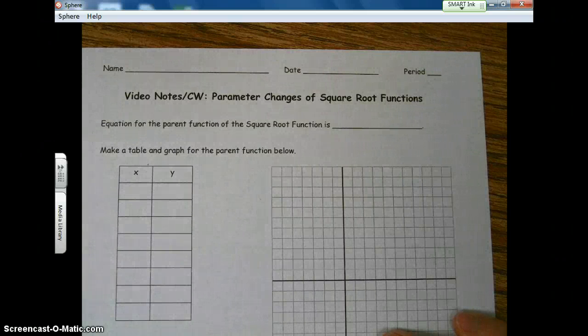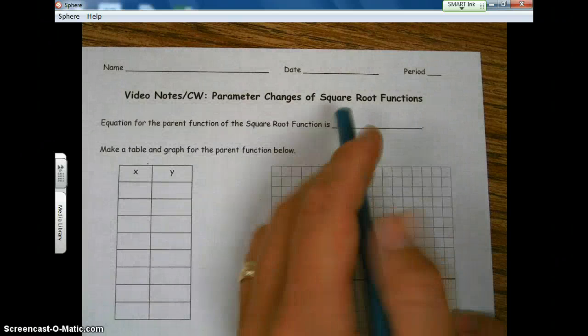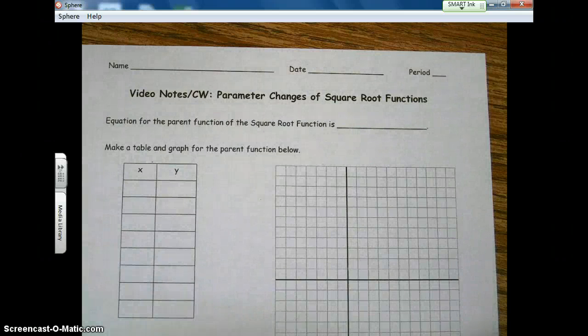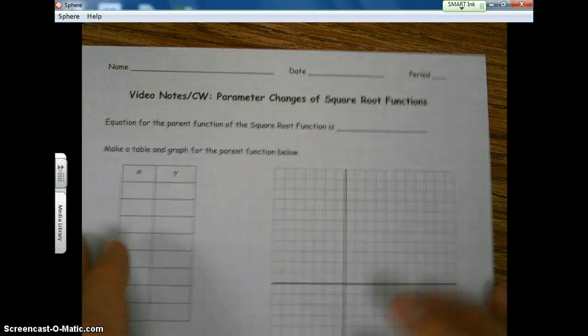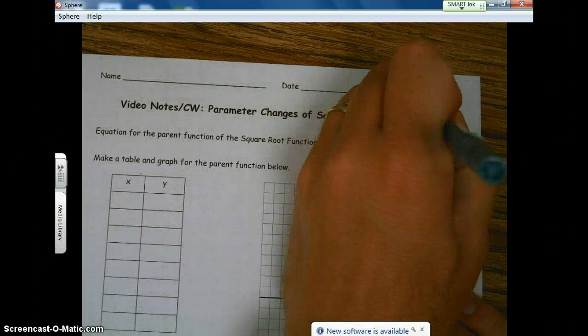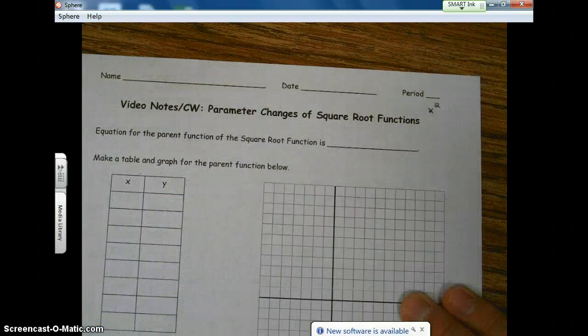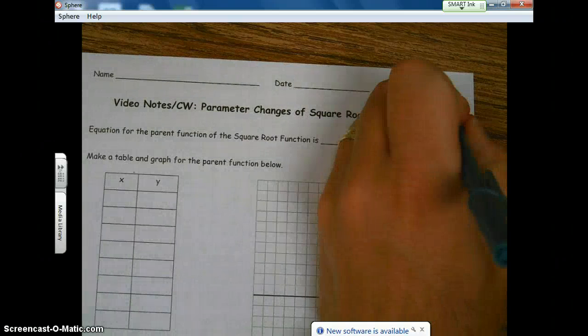We're looking at parameter changes of a new function. This function is called the square root function. So far this year we've looked at quadratic functions. Remember, a quadratic function makes a parabola.